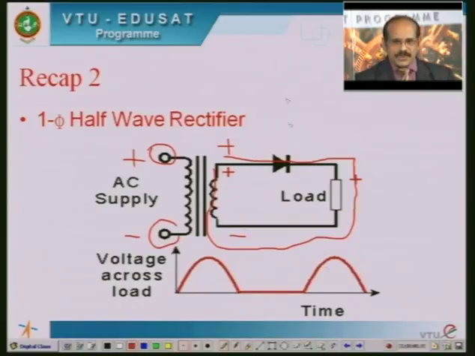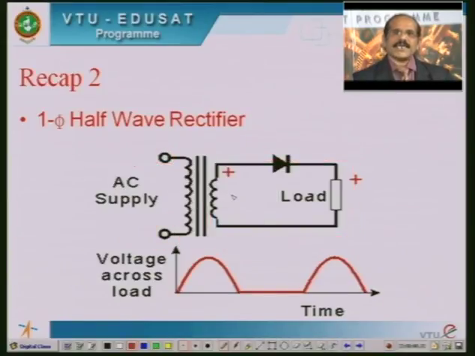Whereas, during the negative half cycle, the potential of this terminal will be negative, whereas the potential of this will be positive. Accordingly, it induces a step down voltage having minus plus potential here. Now the anode of the semiconductor diode is at negative potential, whereas the cathode is at positive potential.